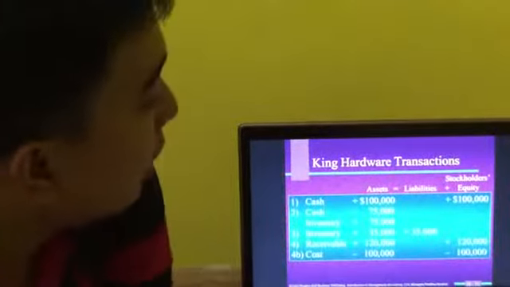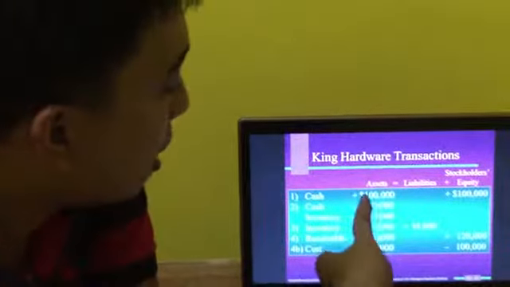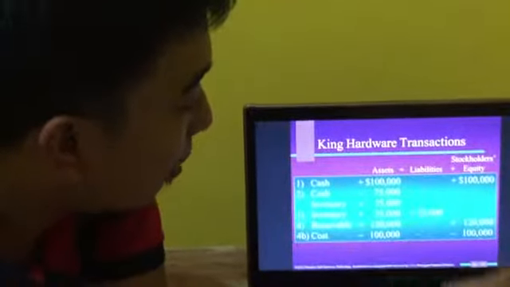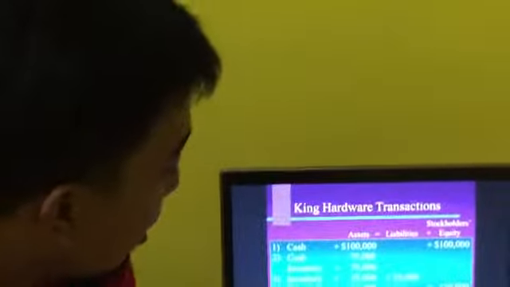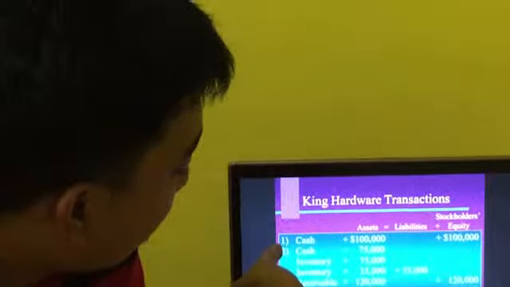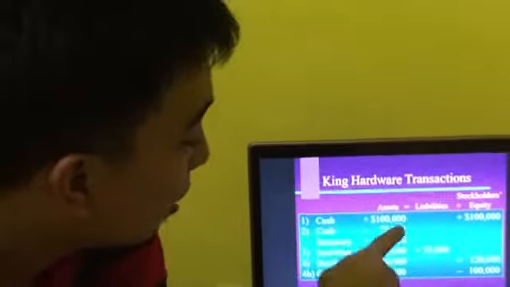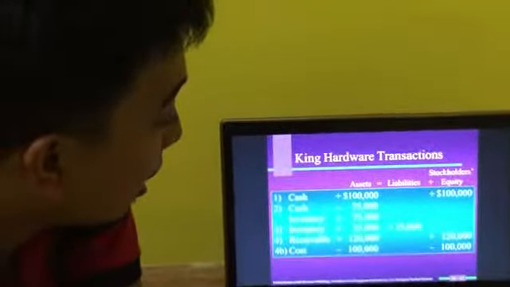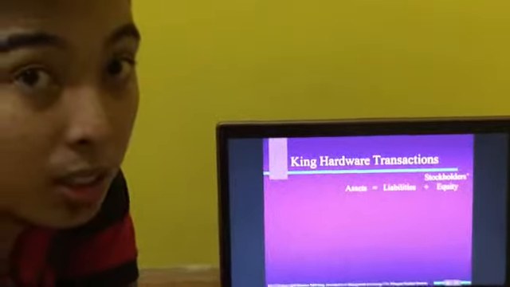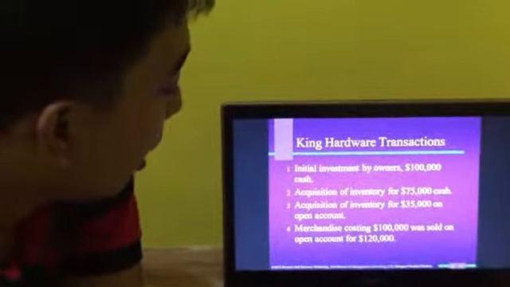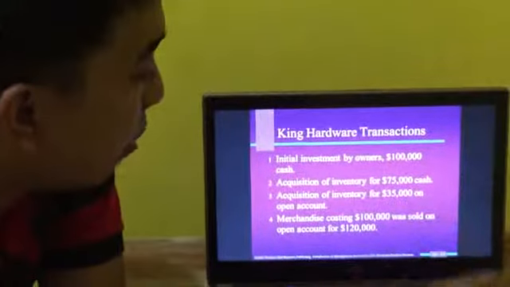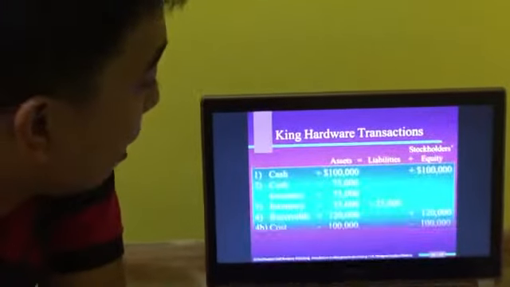So these are the accounting equations. As we see, assets equal liabilities plus stockholders' equity. Here, we can see that the first transaction involves cash, which is $100,000. Initial investment by the owner, 100,000 cash.